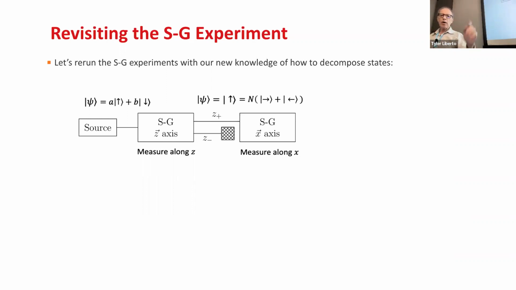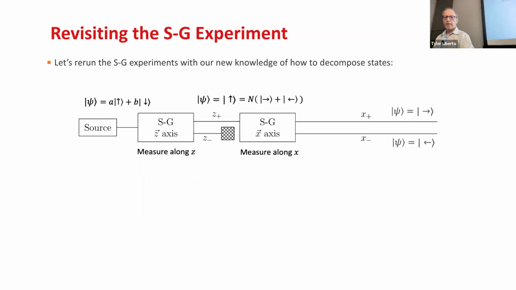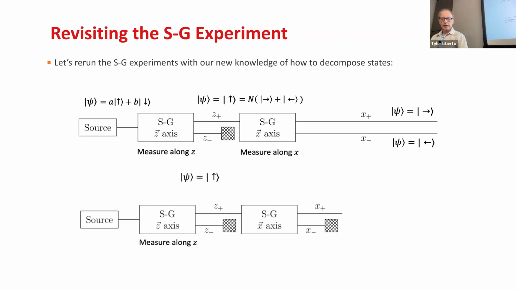This N, the normalization factor, is not important. What we see here is simply that we do now a measurement in the x direction, because the up ket was written down in a combination of right and left ket. Therefore, we get at the end, after the measurement, also these two kets out that we have here in these directions.